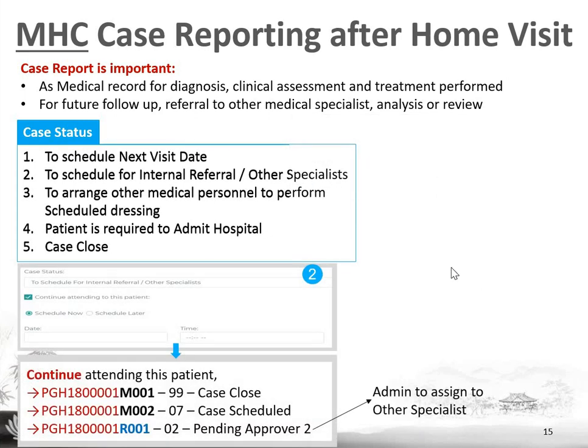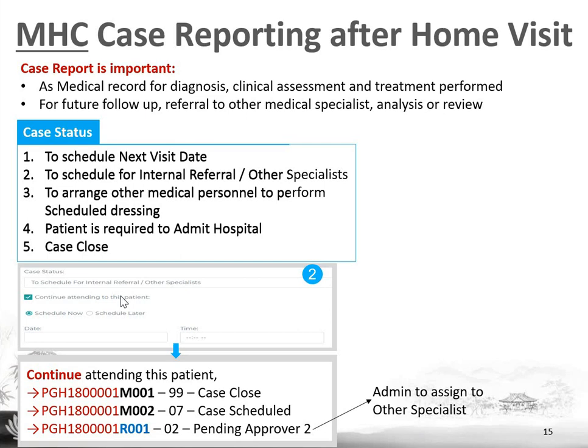Okay. In the second example, if the doctor visited the patient and it's necessary to have a physiotherapist to provide physio treatment to the patient, when completing the case report, he may check, continue attending to this patient, and set the case status to schedule for internal referral, or other specialists.